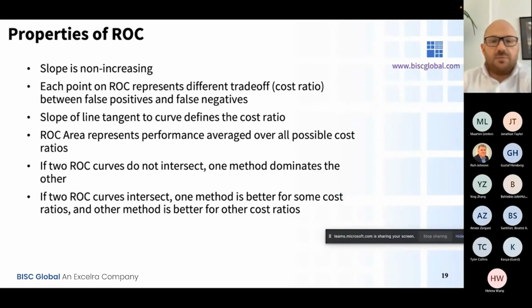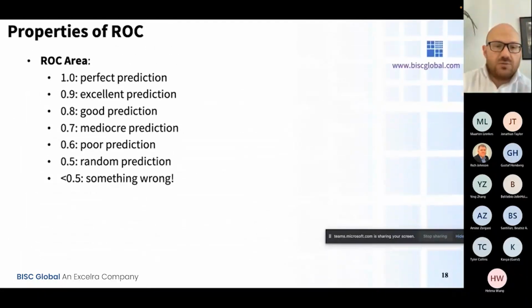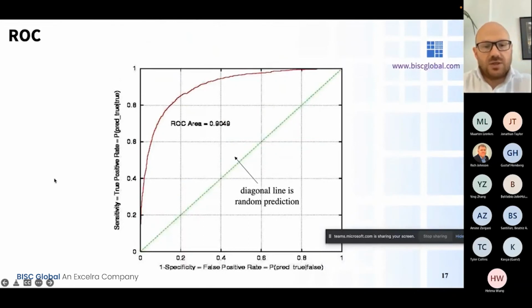So there are some other key points. We can quickly go through them. Again, what you just need to remember is that the closer your area is to 1, the better. So maybe you need to get back to that picture and have a look at the curve.